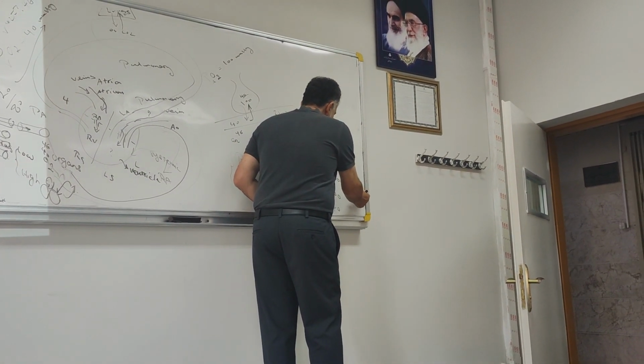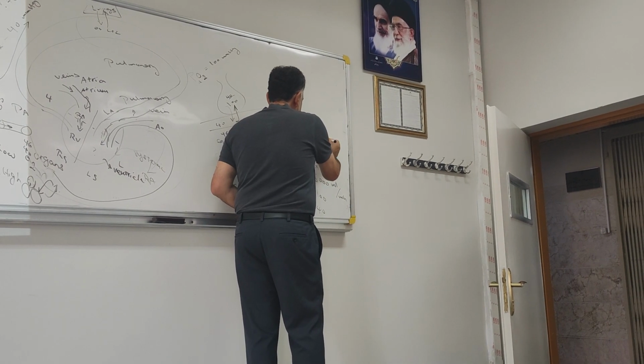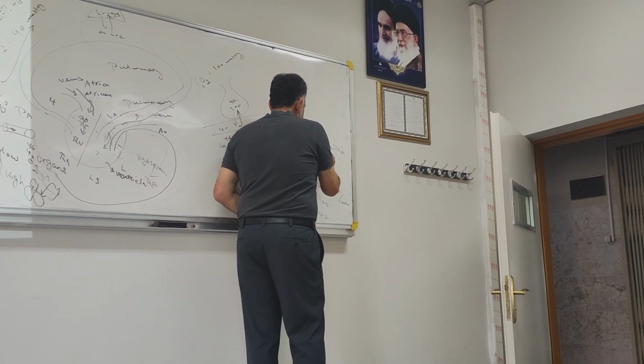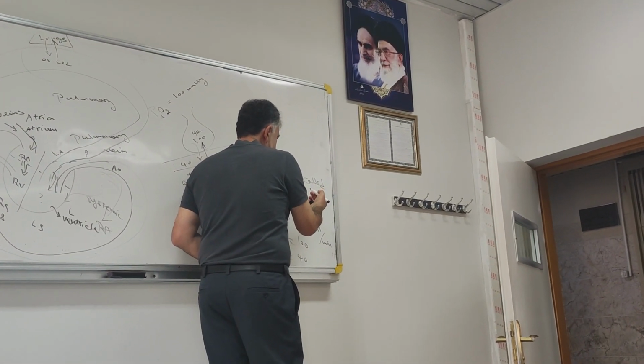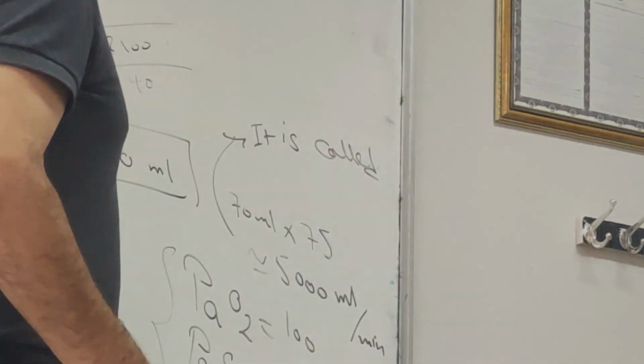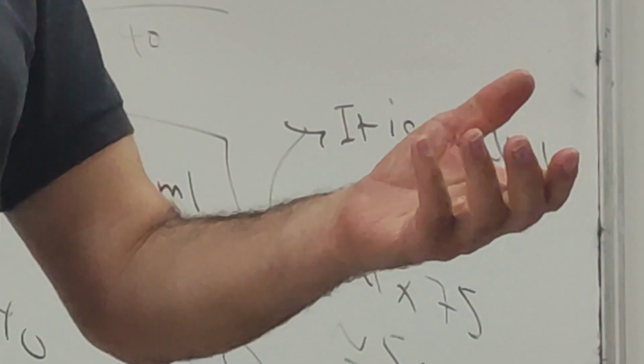And it is called, any idea? I am waiting for it. This one you said is called stroke volume, meaning the volume with each stroke.